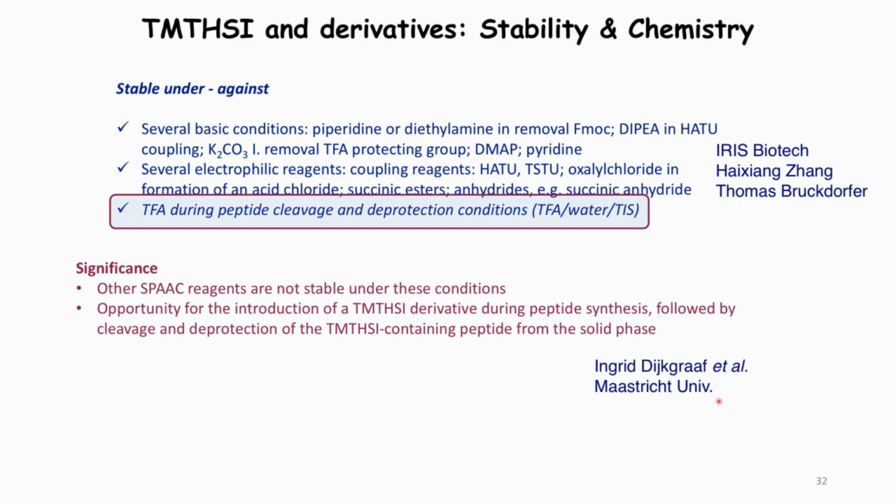And this was carried out in the group of Ingrid Dijkgraaf at Maastricht University. And this is a very important finding, because other strain-promoted reagents are not stable under these conditions. And this offers the opportunity for the introduction of a TMTHSI derivative during peptide synthesis, followed by cleavage and deprotection. I cannot emphasize that enough.